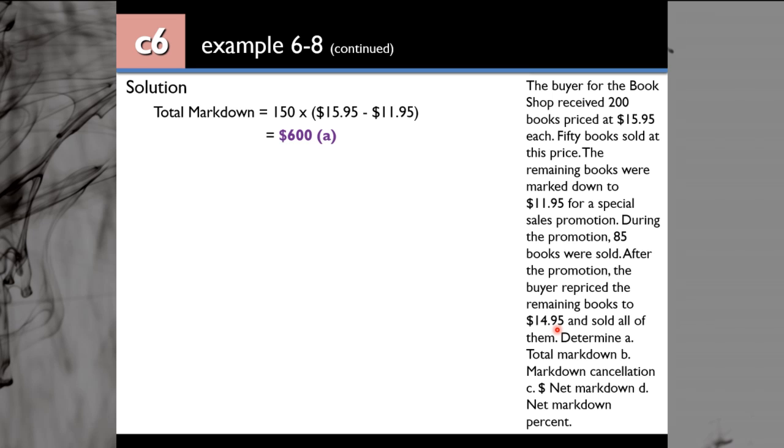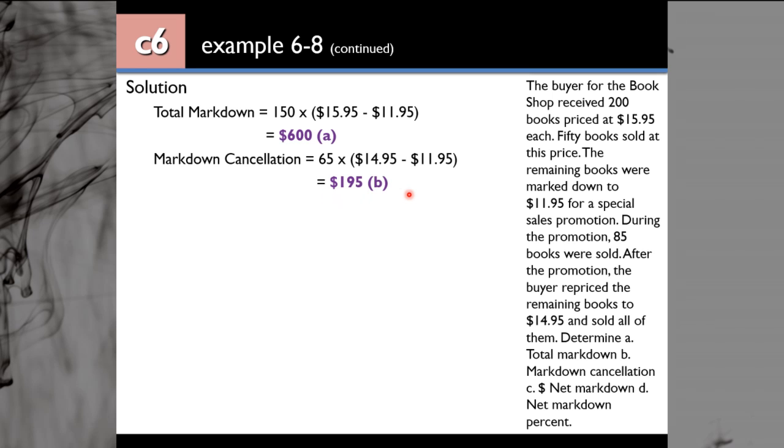So how much markdown was canceled, you can do these 65 items, multiply with, you have to be careful, this time it's gonna be 14.95, the new price, minus the markdown price, which is 11.95. So you got this 195 as the markdown cancellation.